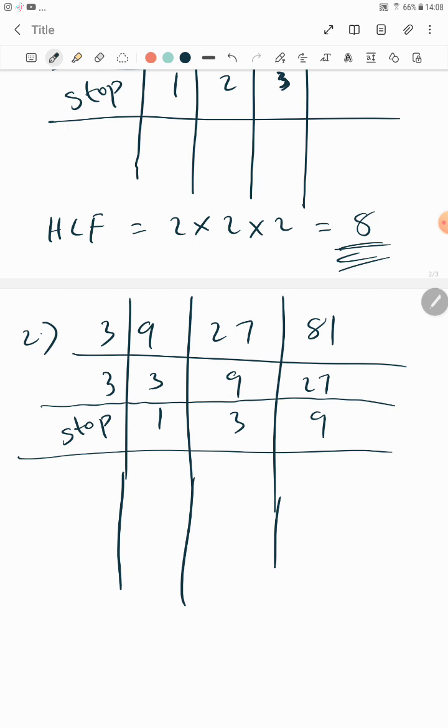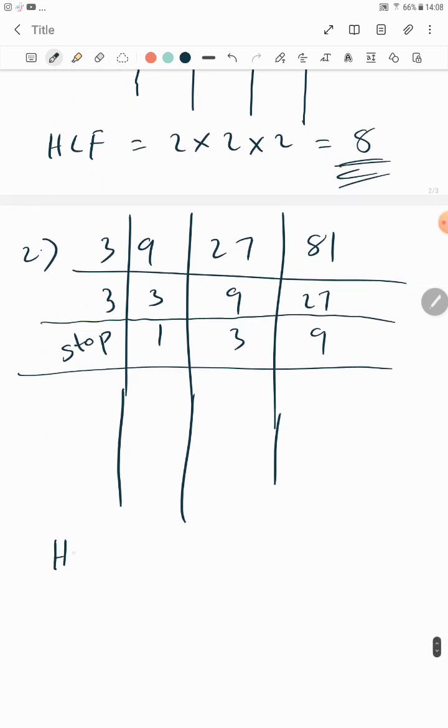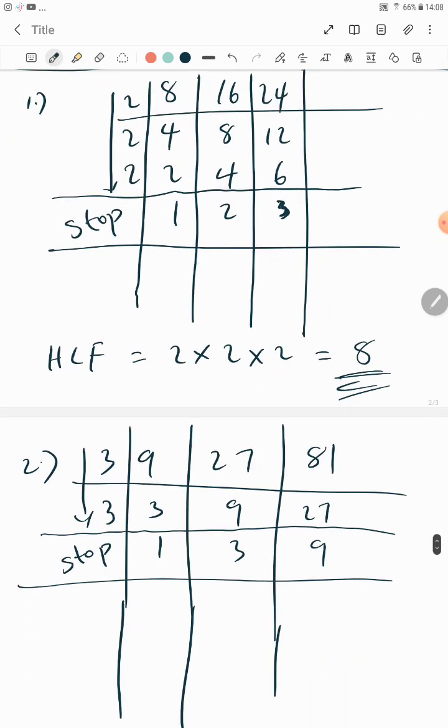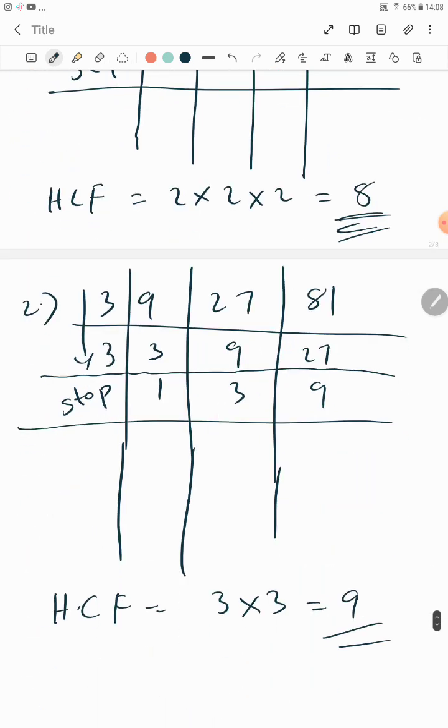So I have to stop there, and then I will say HCF now equals the multiplication of this. That will be 3 times 3, and that will give us what? 9. So 9 is the HCF of 9, 27, and 81. If you really want to try this, you can use the fundamental proving that I showed you.